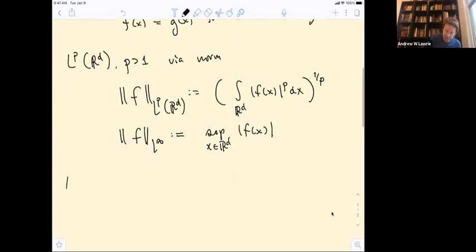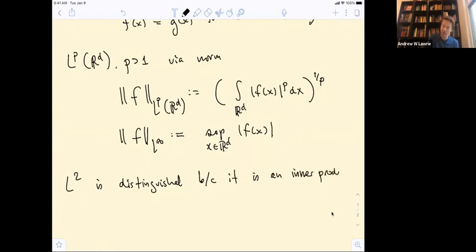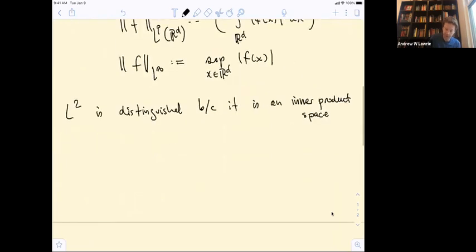L2 is distinguished because it arises from an inner product. So L2 is an inner product space. You can define the L2 inner product of f paired with g, on R^d.